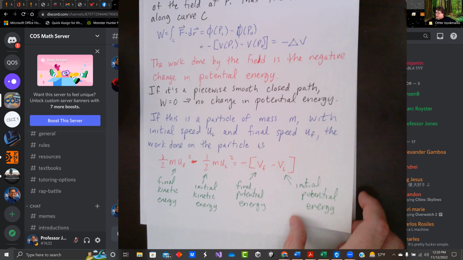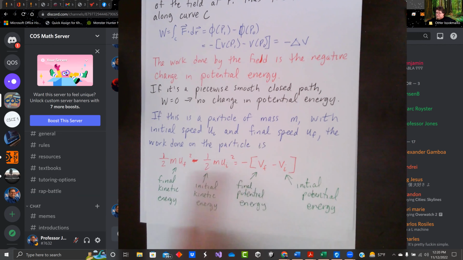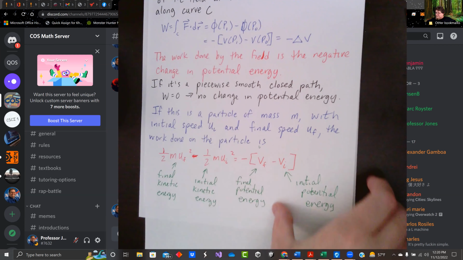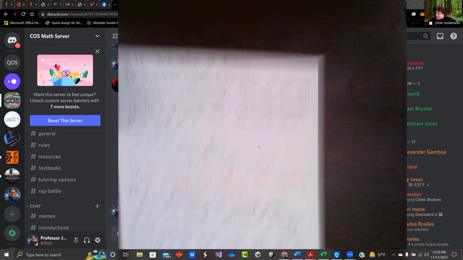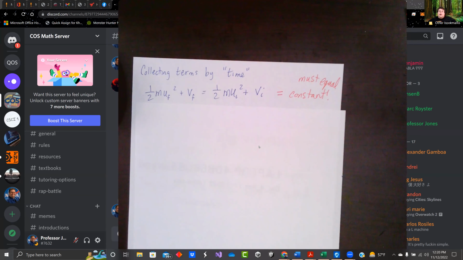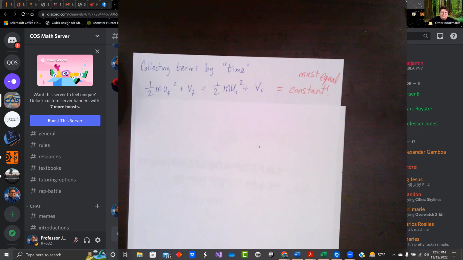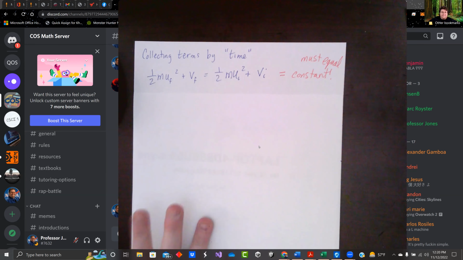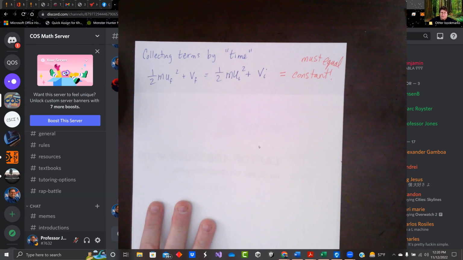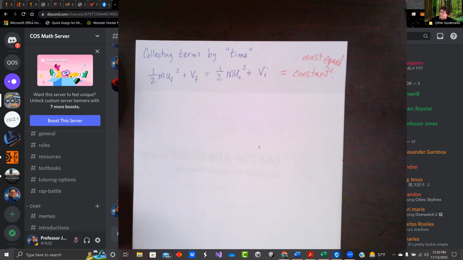What we're going to do is move all the things with an F subscript to the left, all the things with the I subscript to the right. We're collecting them by time. I have 1/2 m u_f squared plus V_f has to equal 1/2 m u_i squared plus V_i.